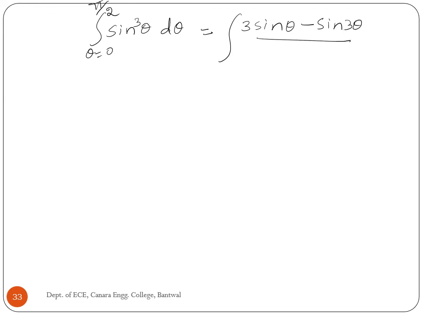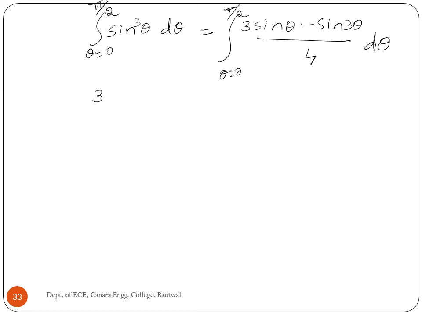Now I will solve sine cube theta d theta when theta is from 0 to pi by 2. So we know that sine cube theta is integration of 3 sine theta minus sine 3 theta divided by 4, theta 0 to pi by 2, d theta.